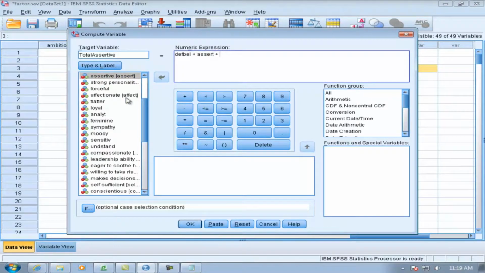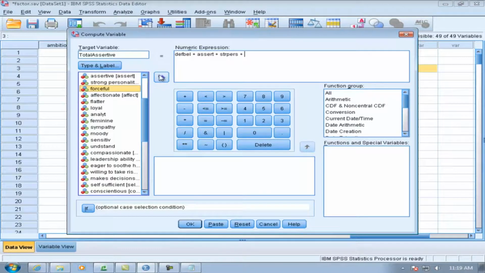Okay, and then what's the next one? Okay. Now you notice I'm putting a plus each time between them, right? And this is like a little calculator here, a little adding machine. Now what's the next one?